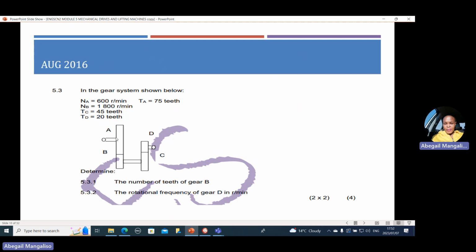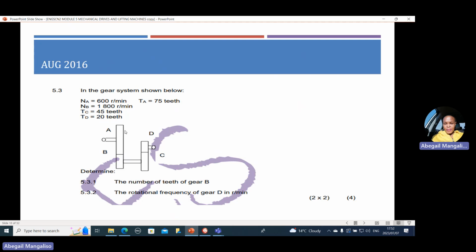Since A meshes with B, A is driving B. Because B and C are on the same shaft, they will rotate at the same time, and that will cause C to drive D because C meshes with D. So this is a compound gear because we have A driving B and C driving D. There are two drivers and two driven.